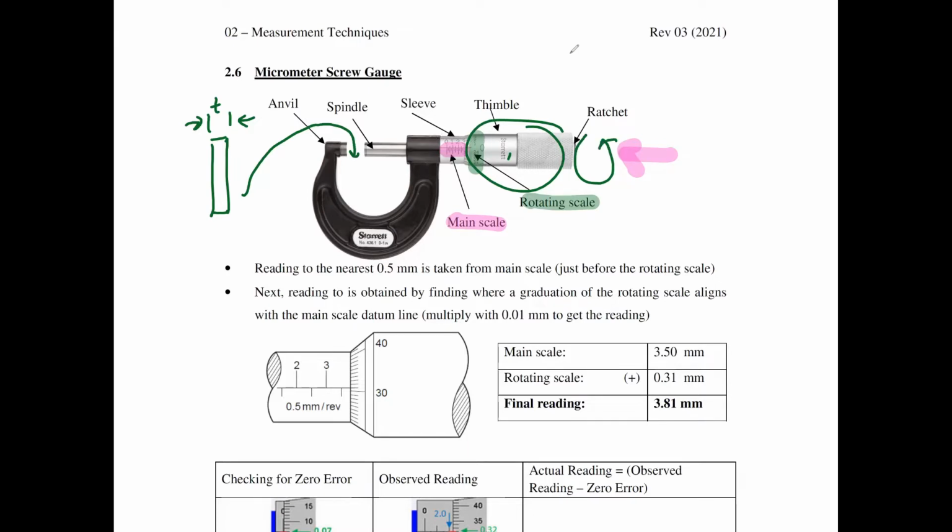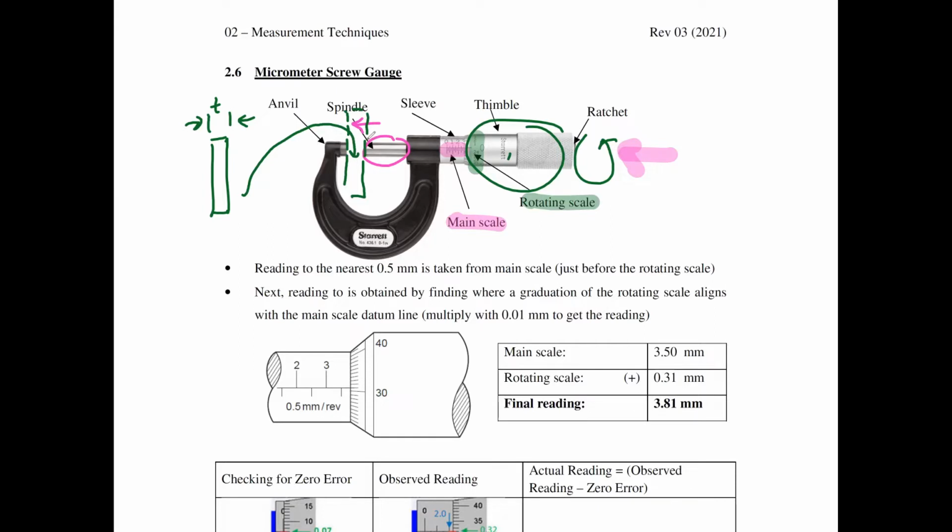So when you twist it, this little end here will start to move inwards. If you twist it in one direction, it will start to move inwards. So the idea here is that you want to twist the handle of your micrometer screw gauge such that it now grips the object that you are trying to measure.